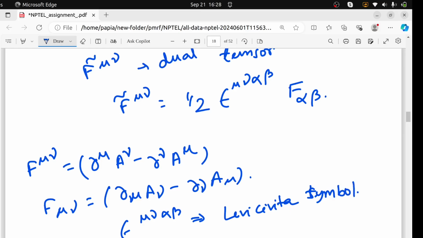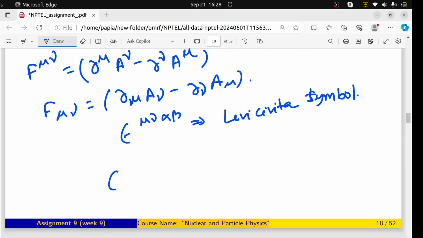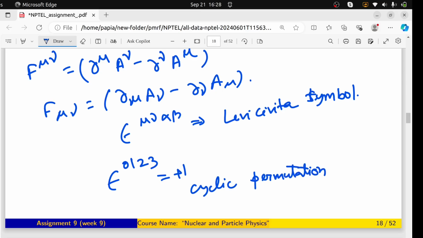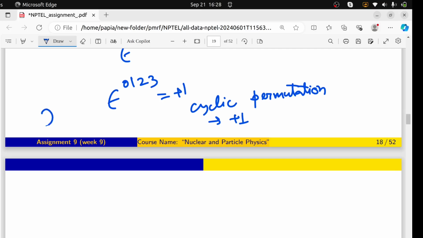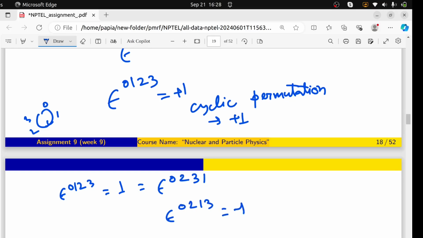Symbol. So I think you all know the properties, like let's say 0, 1, 2, 3 will be plus 1, and if it is a cyclic permutation then that will give plus 1, and with antisymmetry it will be minus. So if it is 0, 1, 2, 3, that is 1. Let's say 0, 2, 3, 1, and let's say 0, 2, 1, 3, that is minus 1.